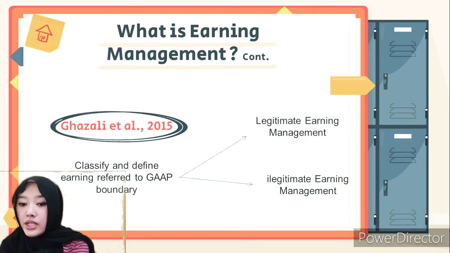Legitimate earnings management is when the earnings management is done within the limit of GAAP, then it will be classified as legitimate earnings management. However, if earnings management practice goes beyond the GAAP boundary, it will be classified as illegitimate earnings management.